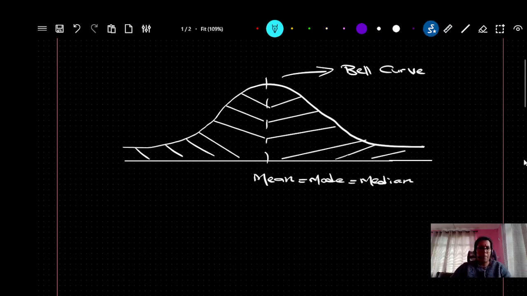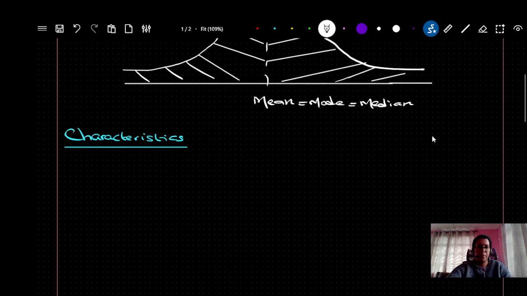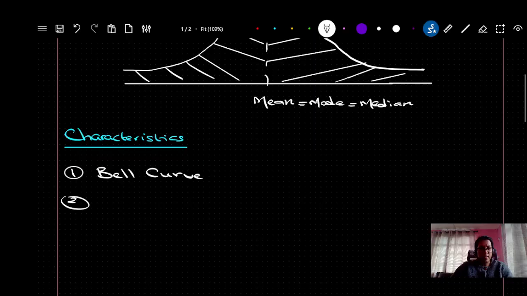Characteristics. So first thing, as I said, it has a bell curve. This you can see visually. Next, it is symmetrical on both sides, bilaterally symmetrical.